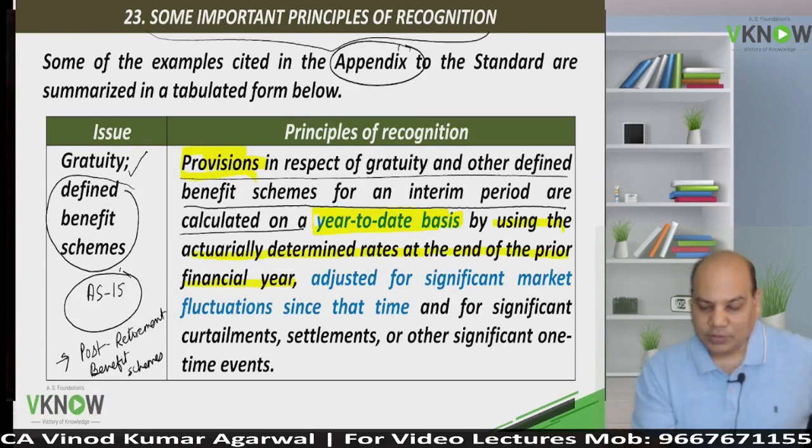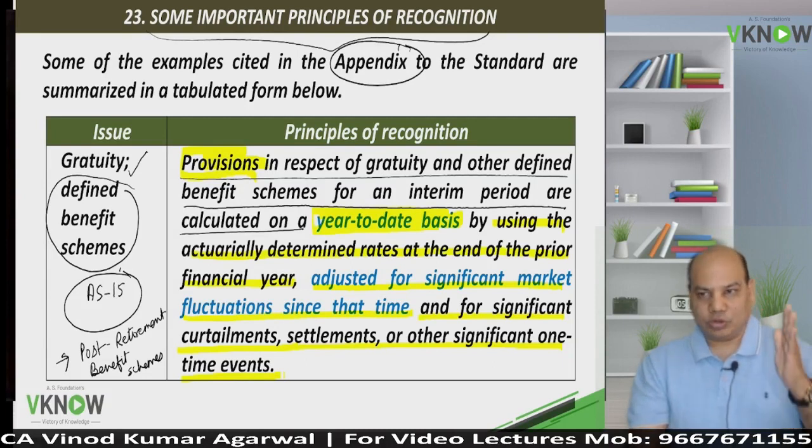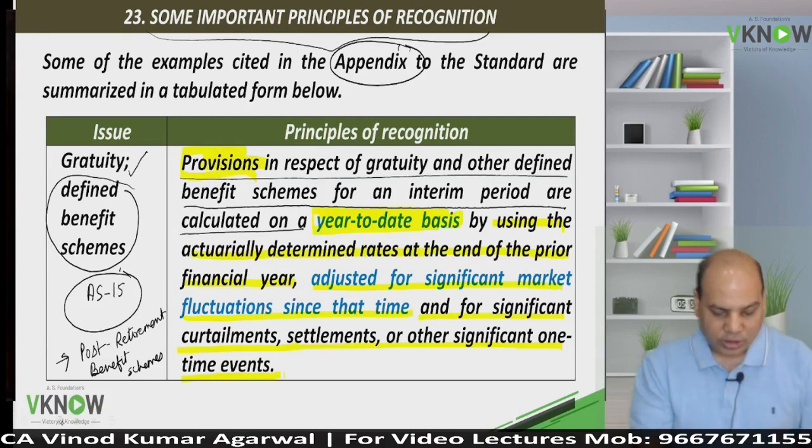So take that and make adjustment for significant market fluctuations since that time. Whatever important changes have taken place during that time, make adjustment for that, and for significant curtailment, settlement or other significant one-time event. So take the last year closing figure.